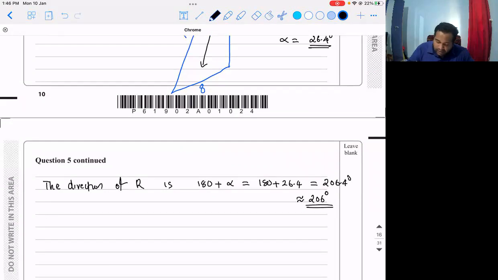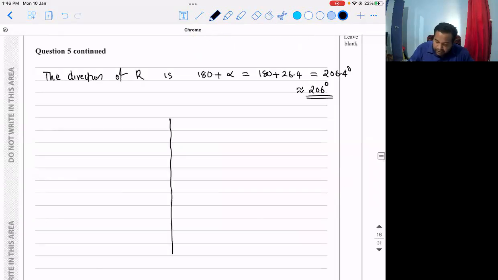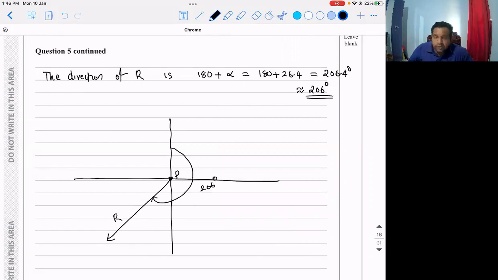So here, what is the idea? This is our particle, and this is my resultant. This resultant is acting 206 degrees from the north direction of P. So that is the answer for this question 5B. I hope you got it. So shall we move to the next question?